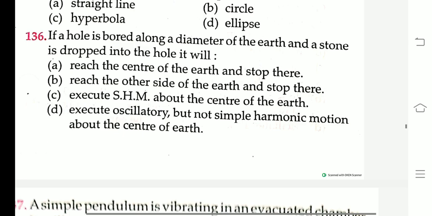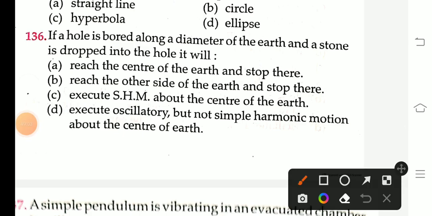If a hole is bored along a diameter of the earth and a stone is dropped into the hole, it will execute SHM about the center of the earth.